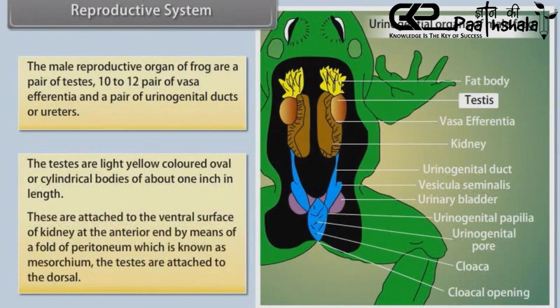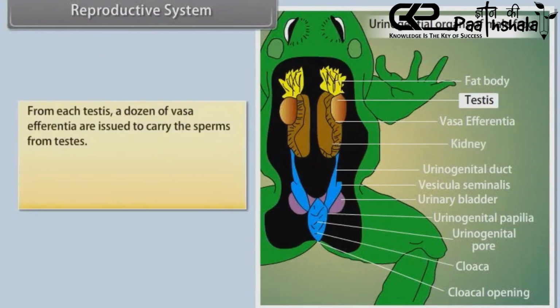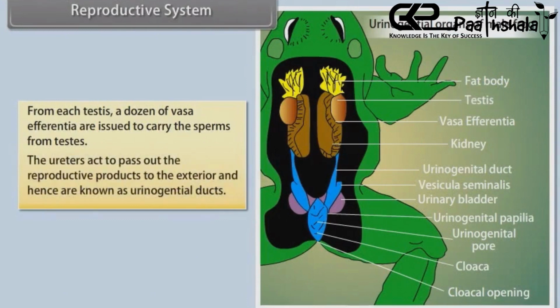These are attached to the ventral surface of the kidney at the anterior end by means of a fold of peritoneum, which is known as mesorchium. From each testis, a dozen vasa efferentia are issued to carry the sperm from the testes. The ureters act to pass out the reproductive products to the exterior and hence are known as urinogenital ducts.